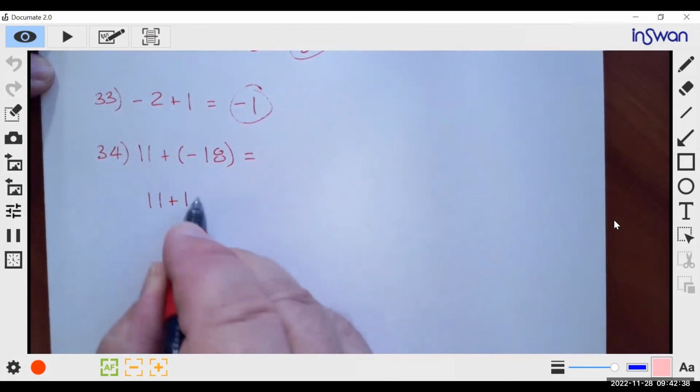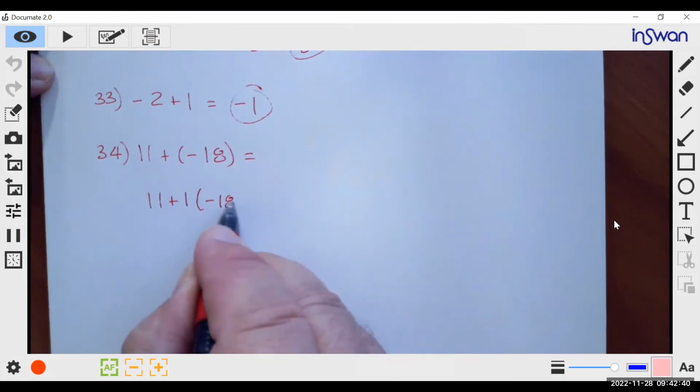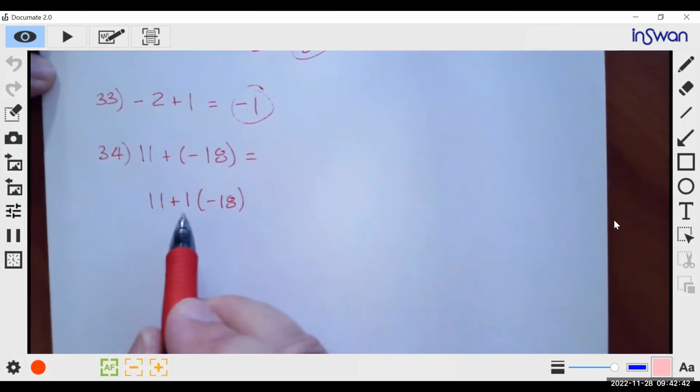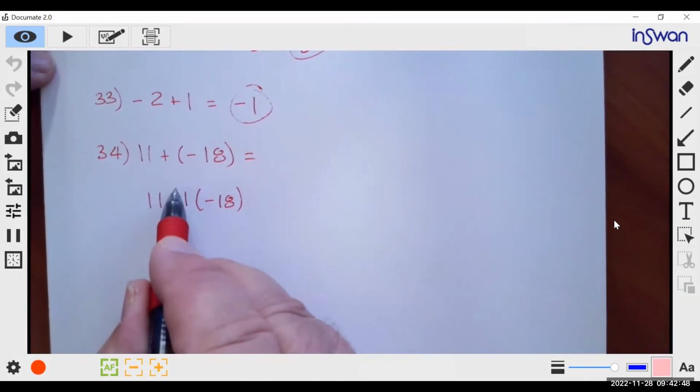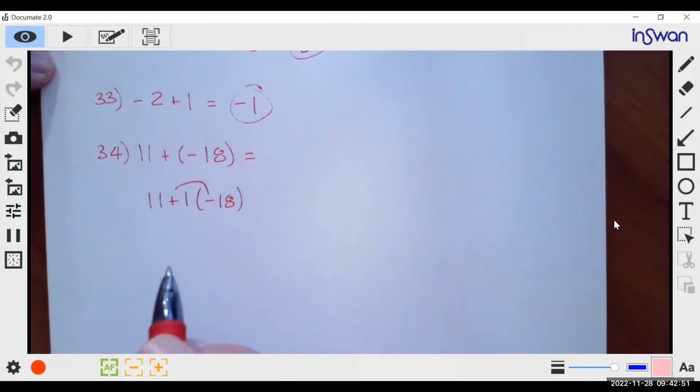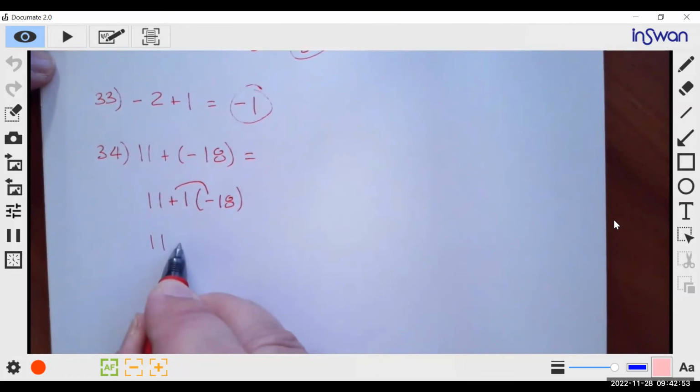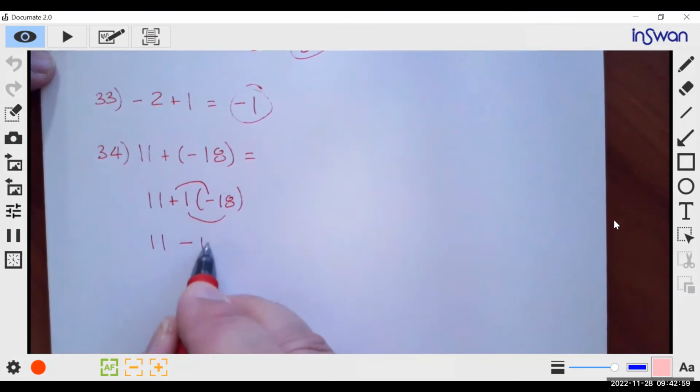There's a 1 in front of the parentheses. As I said, always treat the signs and the numbers separately. So the first thing we have to do is positive times negative is what? Positive times negative is negative. Then 1 times 18 is 18.